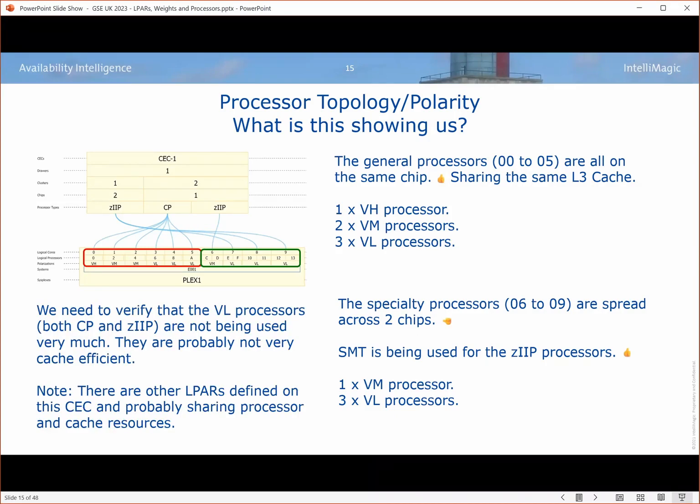This tells me, for example, that the vertical low processors that I'm seeing, both the CPs and the zIIPs, I'm hoping that they're not being used very often, especially the zIIPs, because they're actually in a different location as far as the architecture is concerned. And we'll verify that in a second. Now we have to remember we're looking at one particular LPAR on this CEC, and it looks different when we look at all the LPARs defined, and we'll have a picture of that in a second.